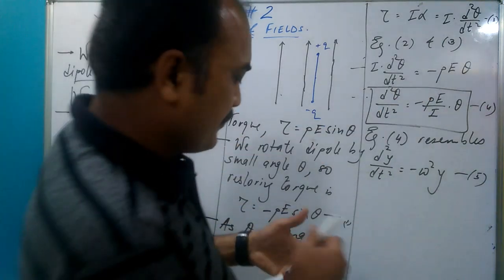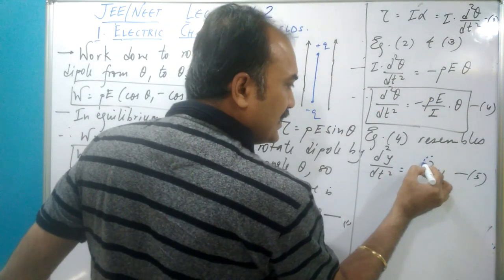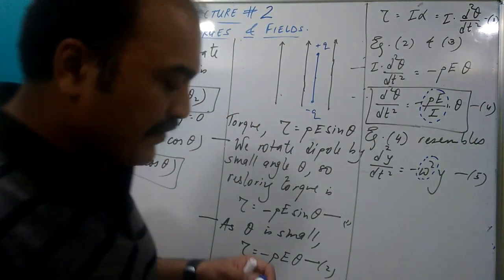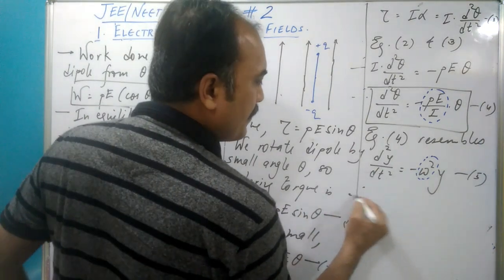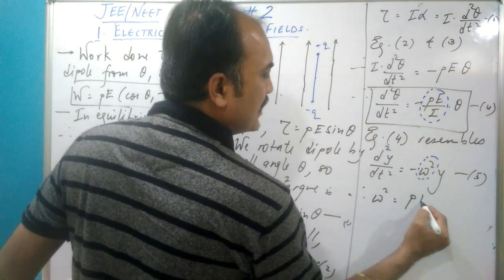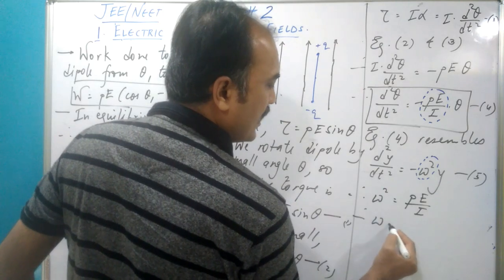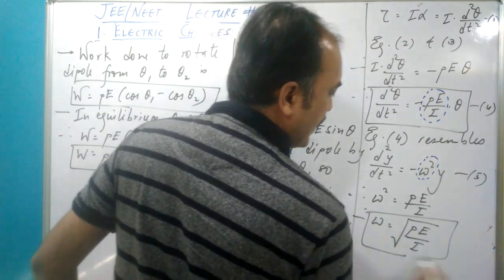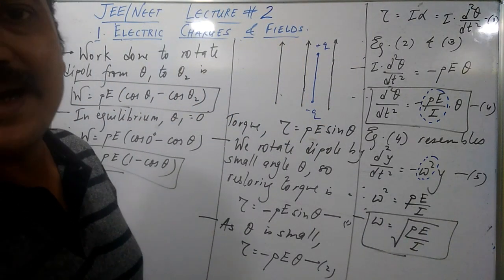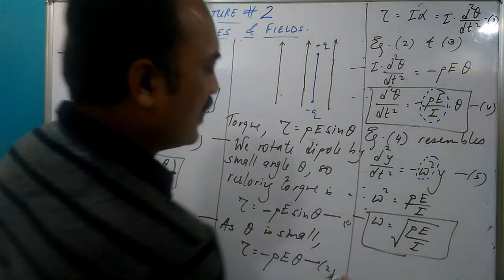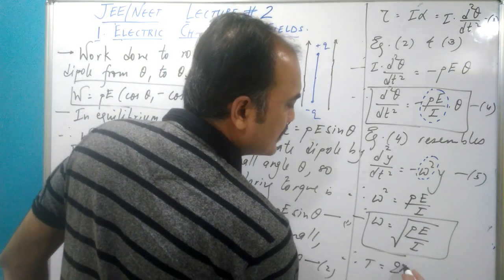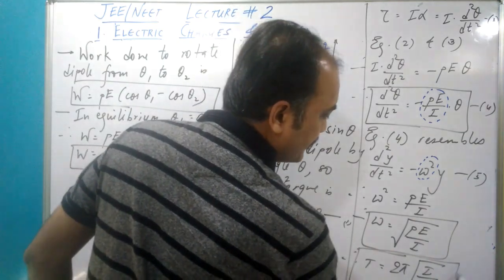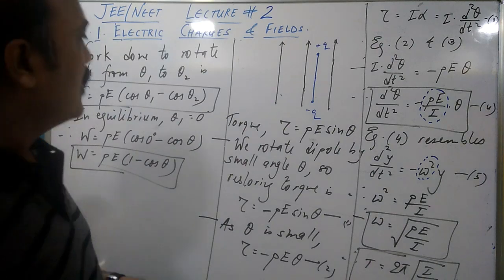And if I compare this, do you see that omega square is going to be analogous to PE by I? Thus, comparing, what do I get? Omega square is PE by I, or omega is root of PE by I. And everybody knows omega is 2 pi by T. If I put 2 pi by T here, I get time period T as 2 pi root of I by PE.